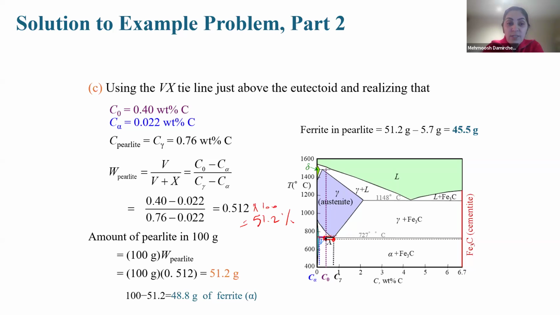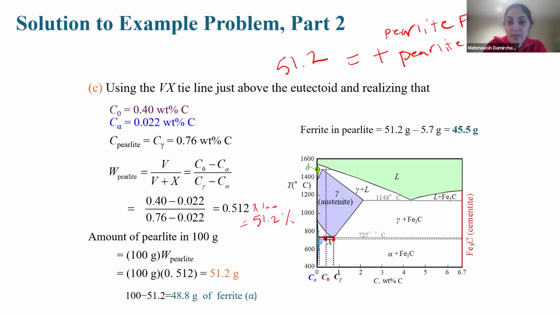Okay, what is the perlite? Perlite, if you remember, we have 51.2 grams perlite. We have perlite Fe3C and perlite alpha. The summation of both of them will reach 51.2.